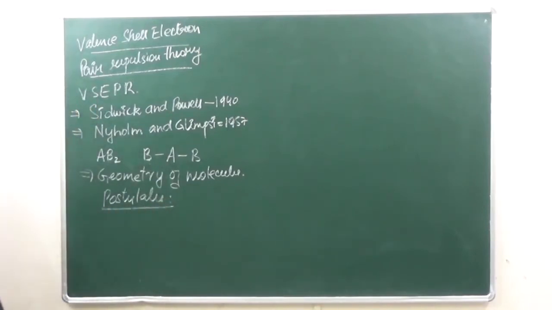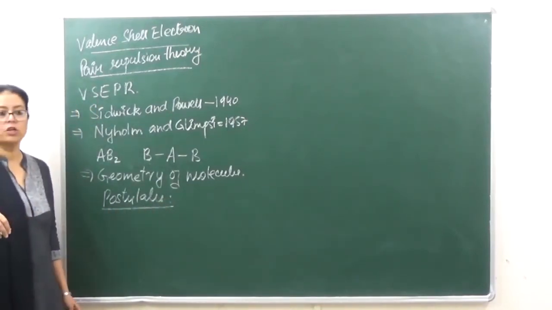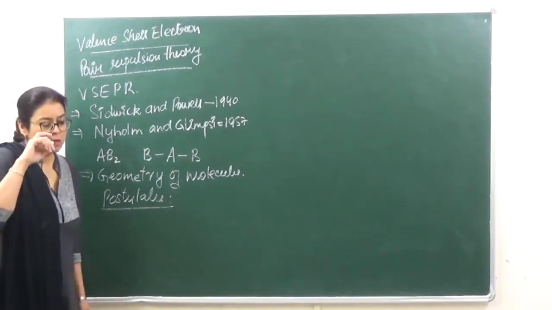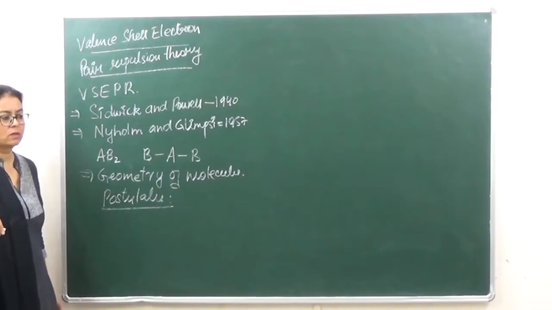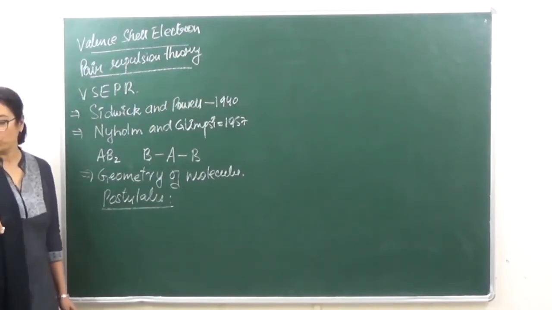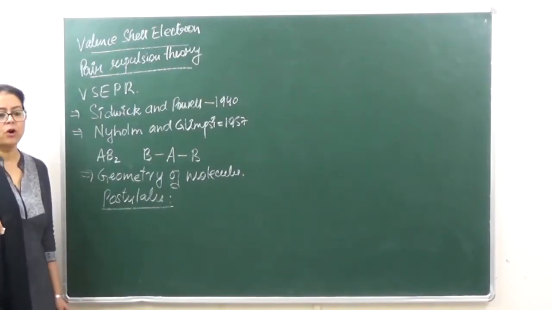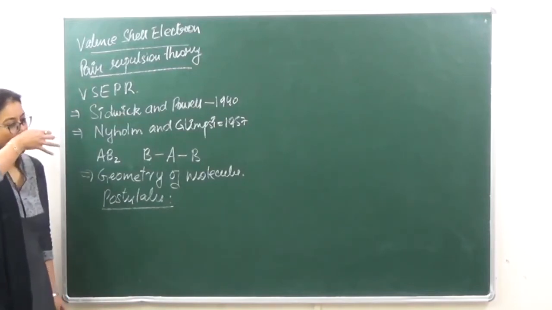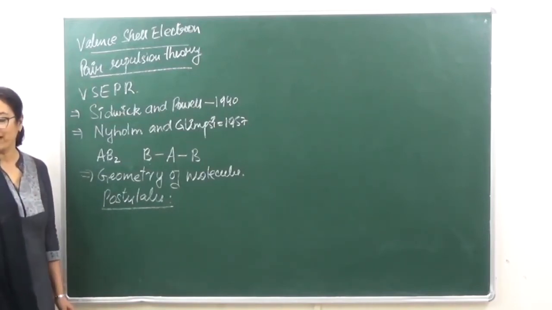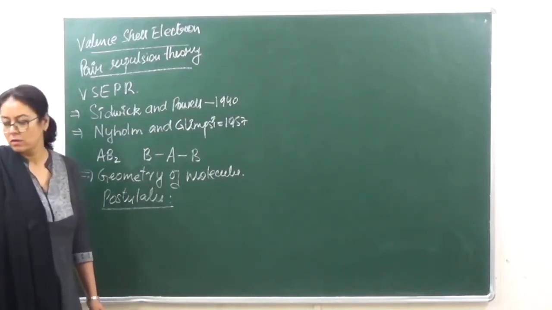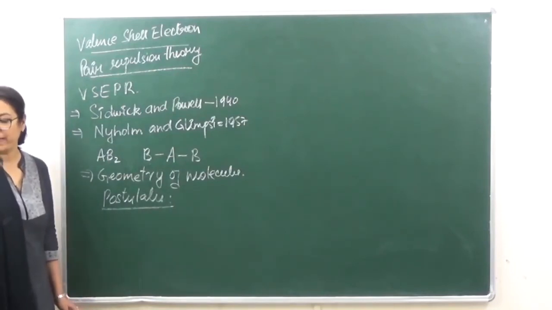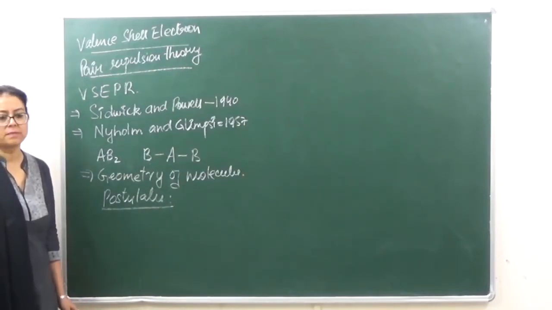Number one, the shape of a molecule depends upon the number of valence shell electron pairs around the central atom.